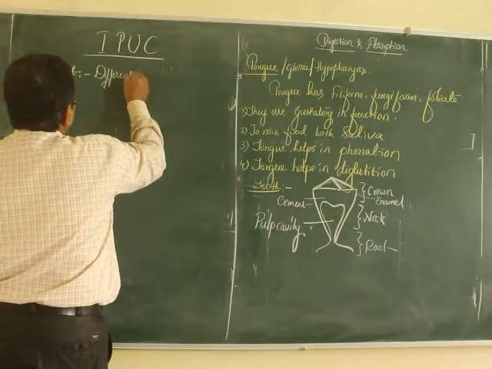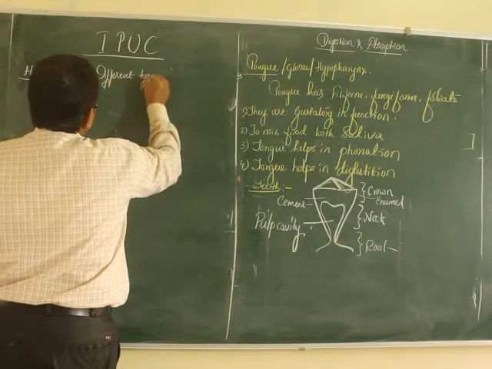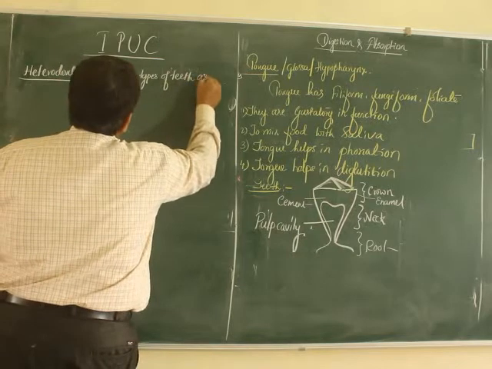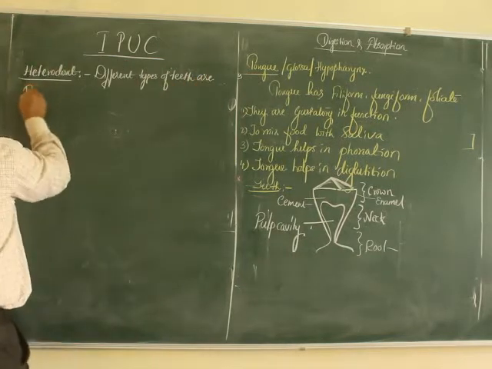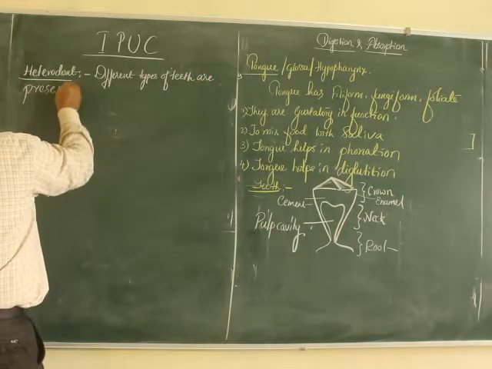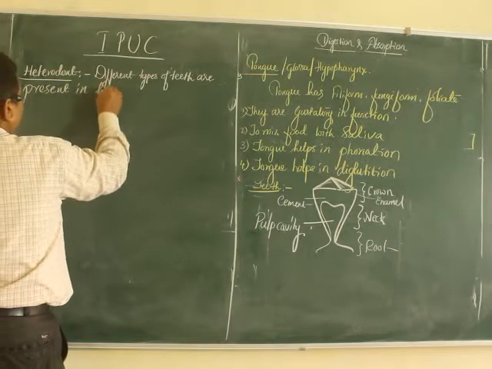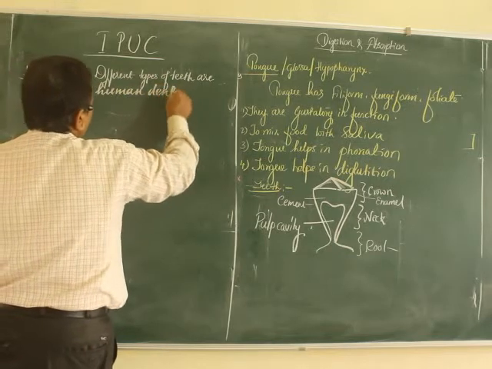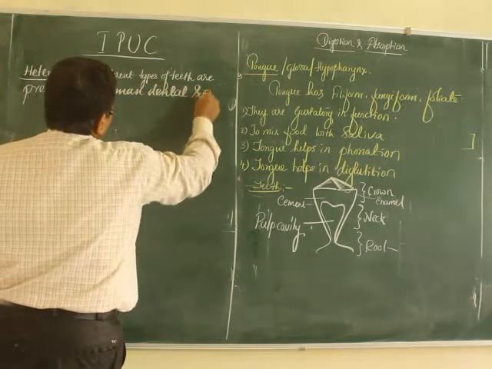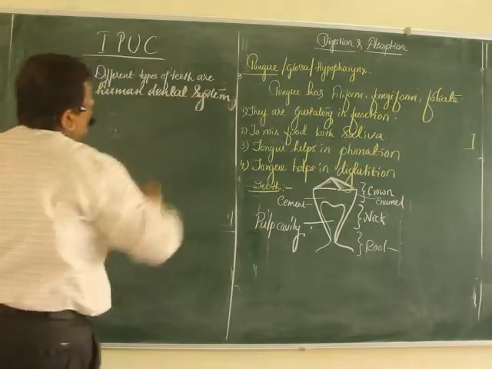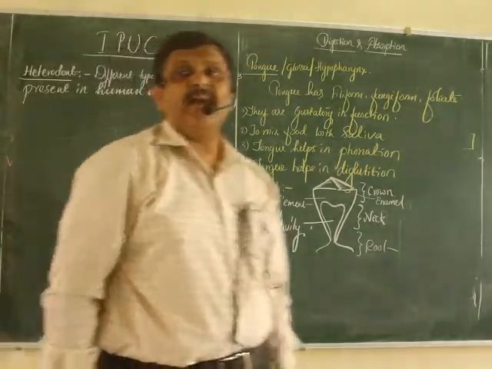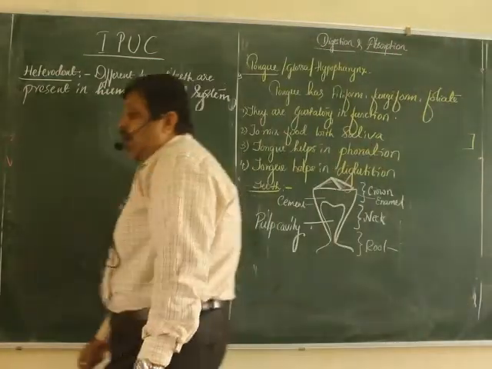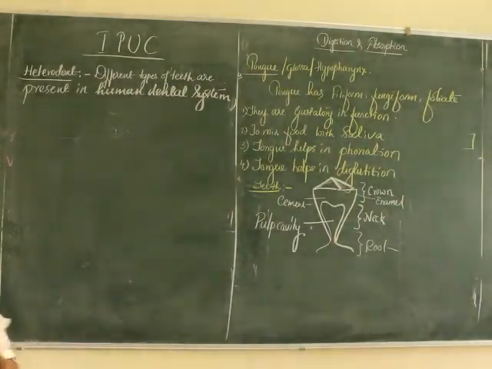Different types of teeth are present in the human dentition, in the human dental system. Hence, it is called heterodont.